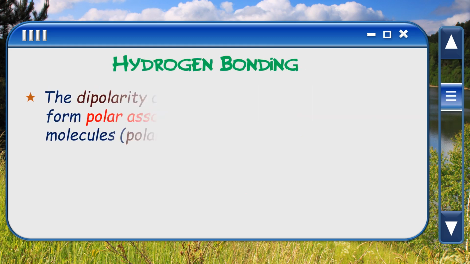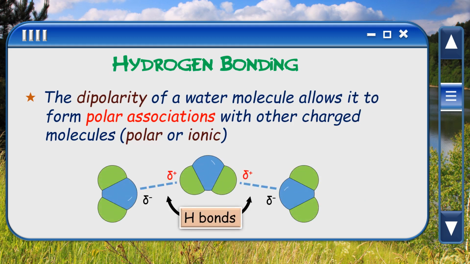Hydrogen bonding. The dipolarity of the water molecule allows it to form polar associations with other charged molecules, polar or ionic. We have seen that oxygen is partially negative and the two hydrogens are partially positive.